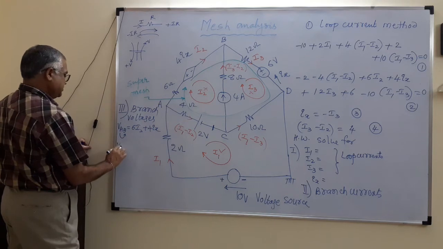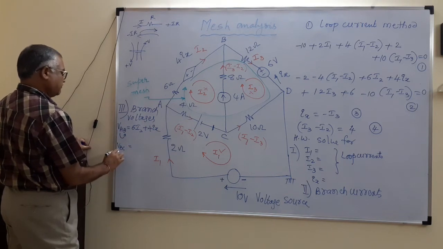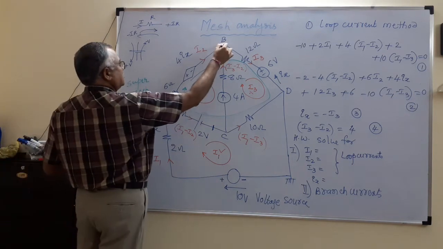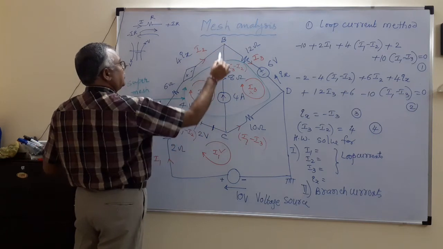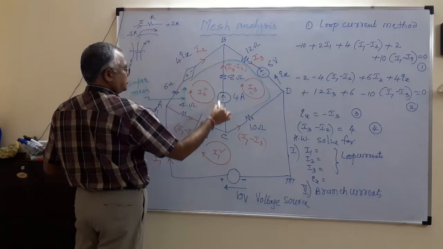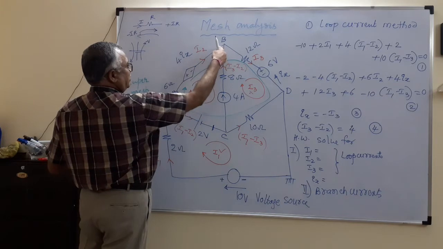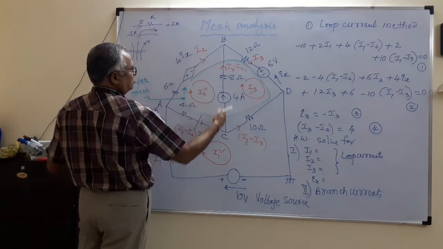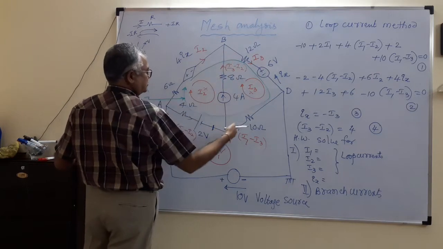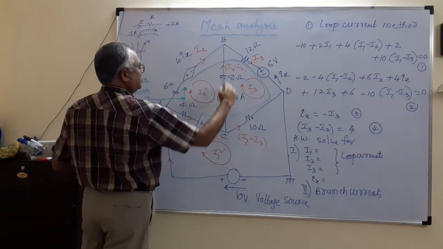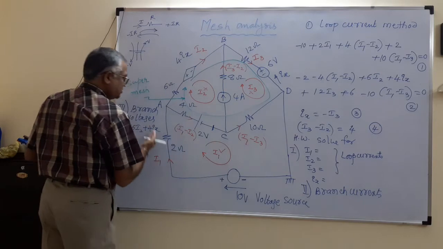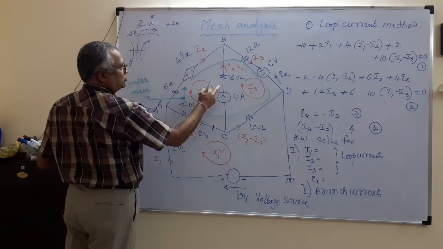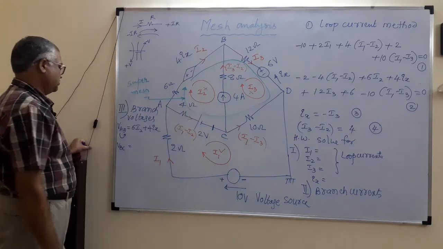Like that VBC. Start from B, go to C, but you can't go via the current source. Why is this not allowed? This voltage we don't know. You can go like this, or like this, but don't go via the current source.